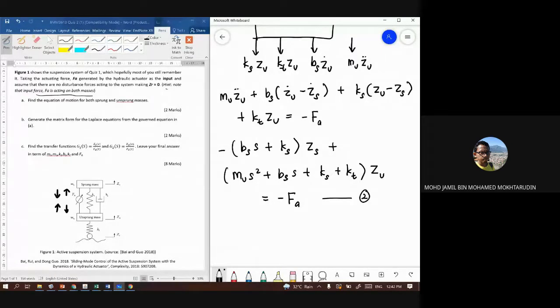So this is equation number 2. If you have the equation similar to what I wrote here, then you get 2 marks.